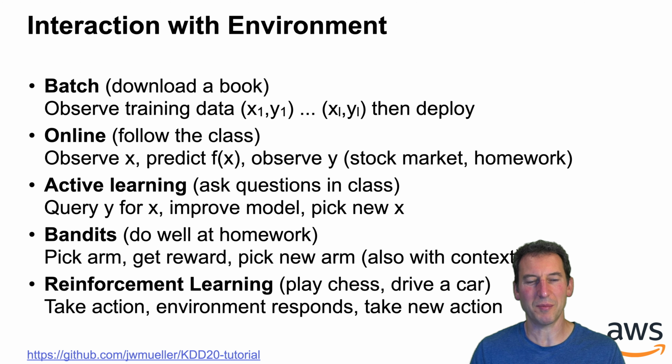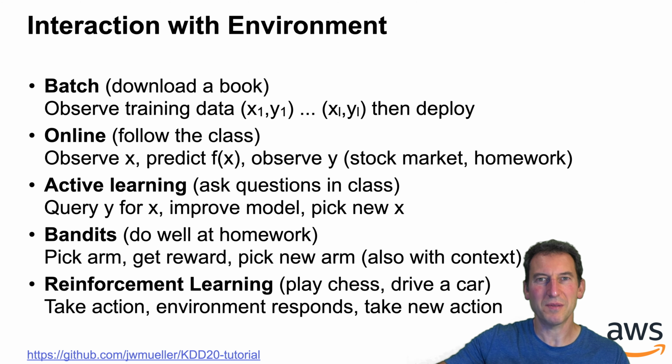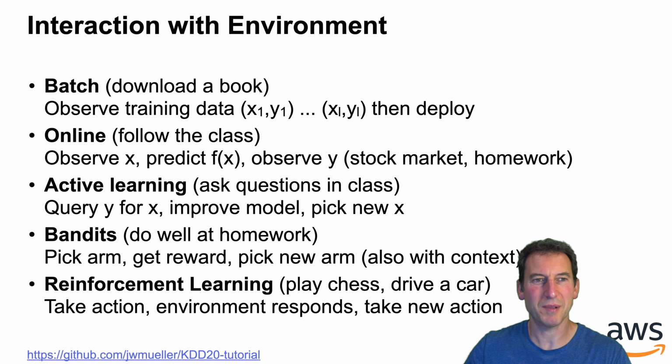So for instance, if you have Mechanical Turk, you can actually show it some examples of something that you want to have annotated, and then presumably you ought to be able to do better. Or in bandits, you do something, you learn how to do this better, maybe you have some context, and then progressively you hope to do as well as the best in hindsight.